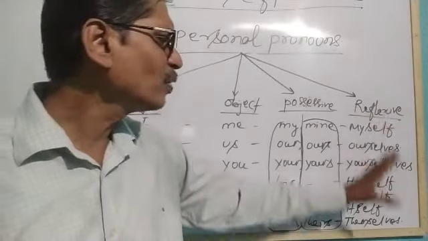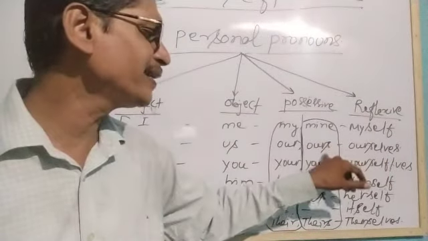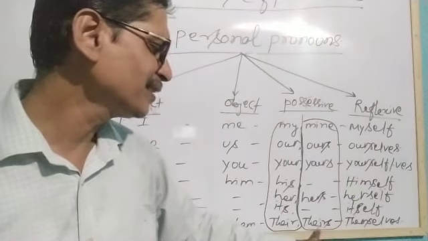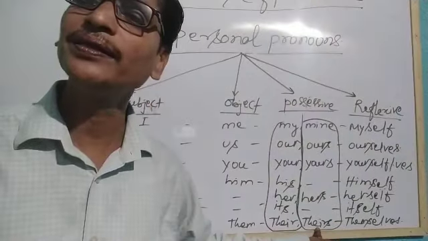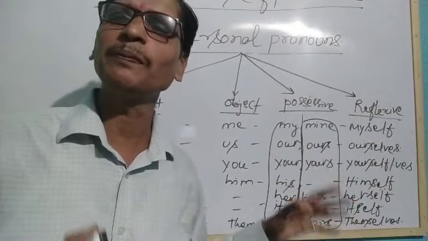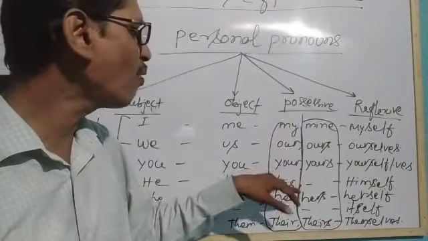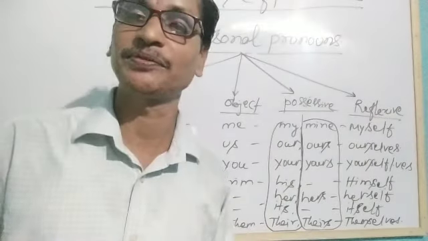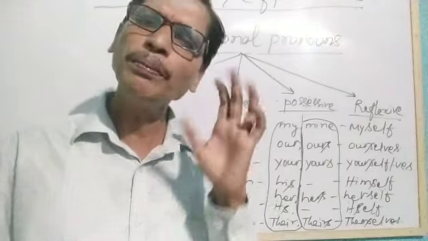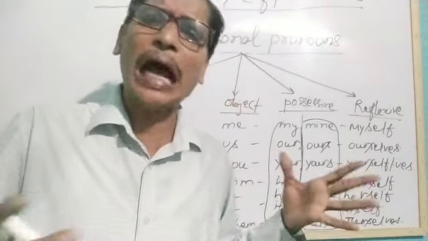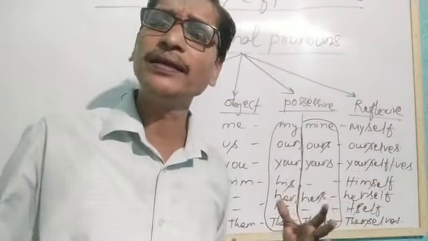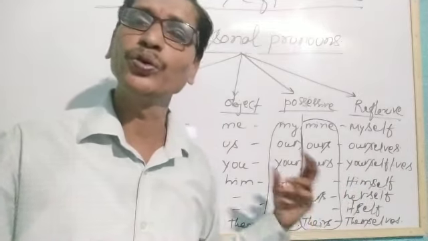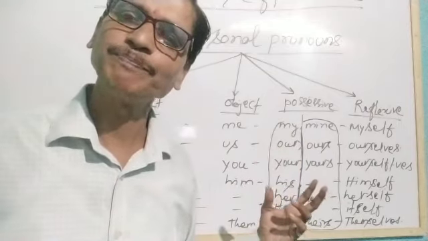So similarly, mine, yours, ours, hers, theirs are used only as possessive pronouns. But my, our, your, his, her, its, their are used as possessive adjectives. These two differences we must always remember so that our speech and our writing will be 100% correct. Therefore, we should use them correctly.